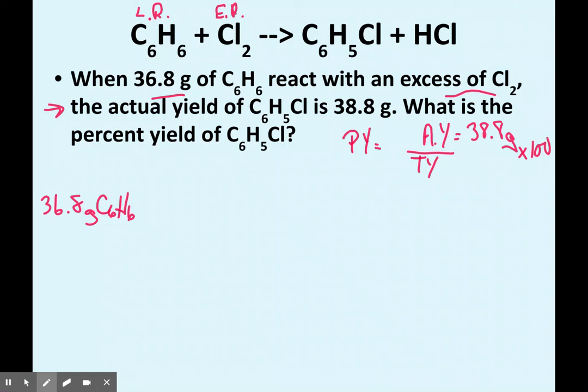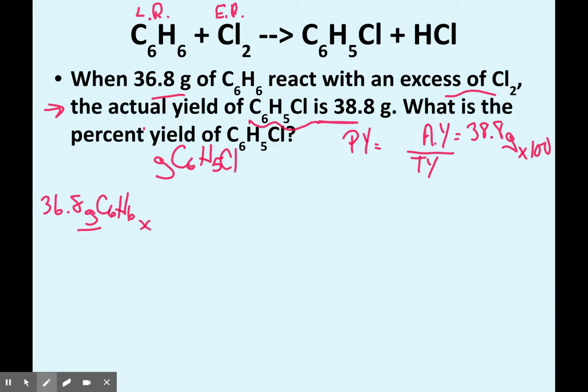So first of all, we're going to take our limiting reactant, which they told us, and we're going to convert it to whatever they tell us the actual yield is. So they've got the actual yield in grams, so we're going to have to go to grams of the C6H5Cl.